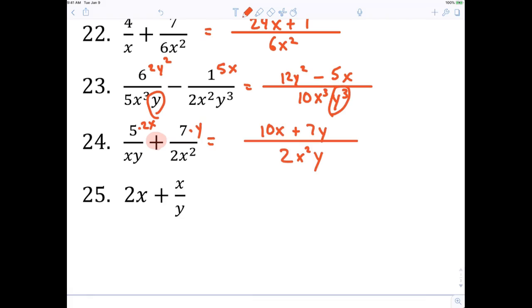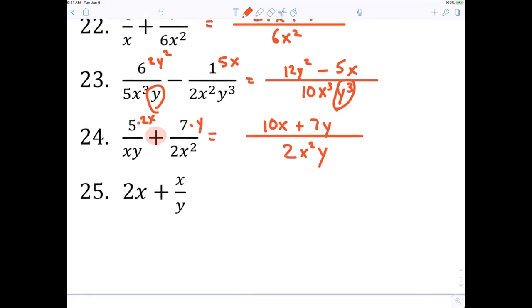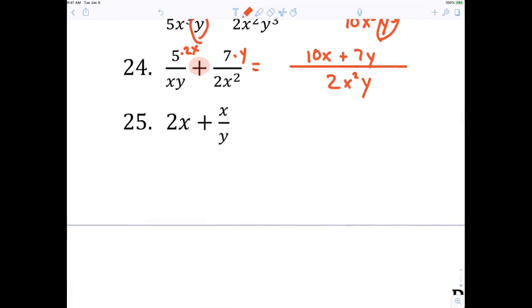Sure? All right. Now, for number 25, 2x is really 2x over what? 2x over 1. All right. So, Luke, tell me what a common denominator is. Denominator. Y. Beautiful.